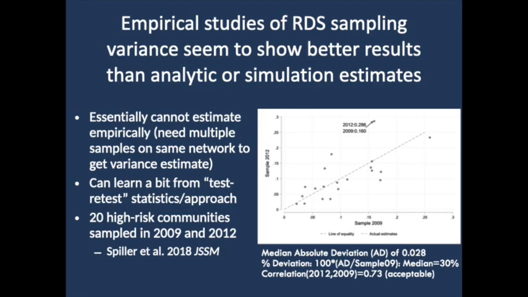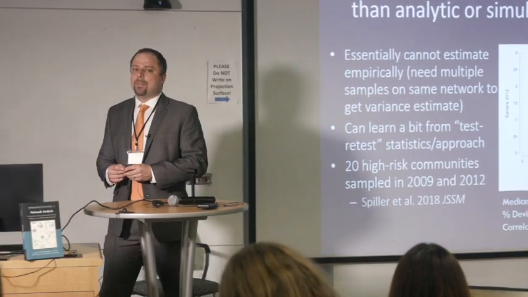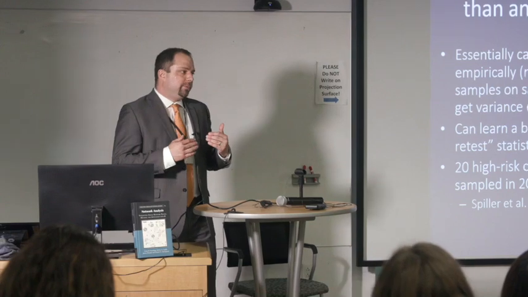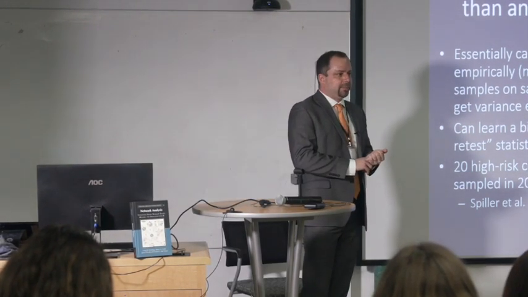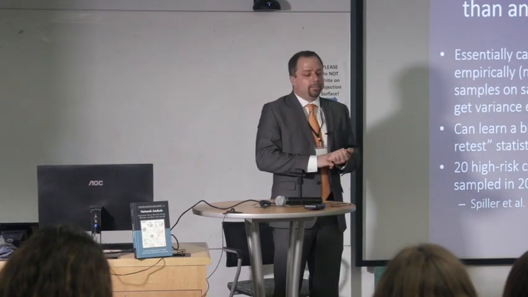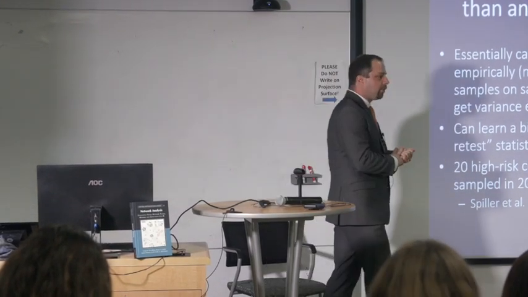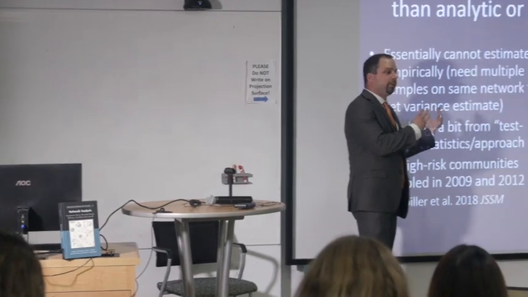In general, RDS samples are known to have this high sampling variance, or variability in the estimated mean from sample to sample on repeated samples in the same population. However, this can only really be estimated either analytically or with simulation methods like I just did. Empirical evidence on this, which tries to approximate it, suggests that it actually performs substantially better.